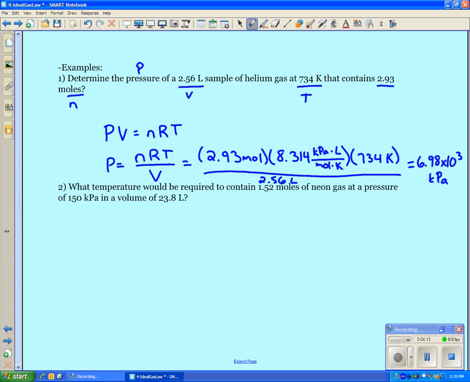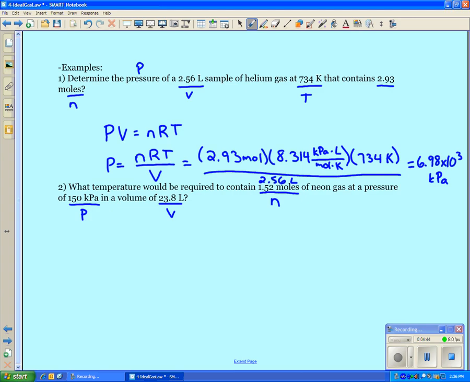Next example. This time we want to solve for temperature. So what temperature would be required to contain 1.52 moles of neon gas at a pressure of 150 kilopascals in a volume of 23.8 liters? Again, if we look at all of the numbers that we've been given, 1.52 moles, 150 kilopascals, and 23.8 liters, we have all of the units that we want, so we're not going to have to do any conversions.